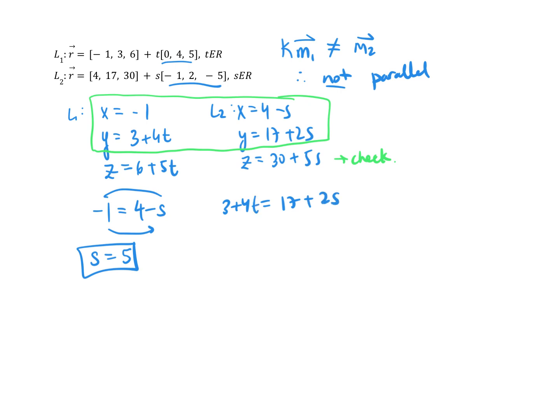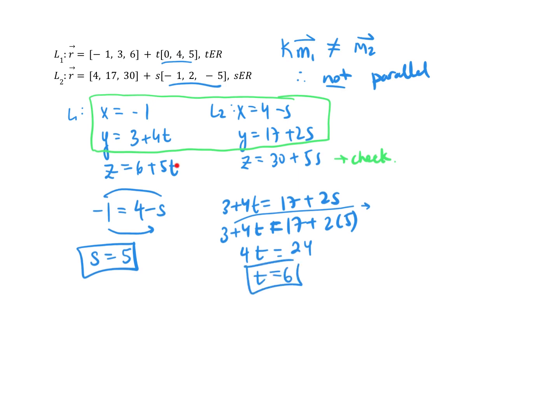And we know s is 5, so I'm going to go ahead and sub that in. So we have 17 plus 10 is 27, and when I bring the 3 over, 27 minus 3 is 24, and I get 6 for t.